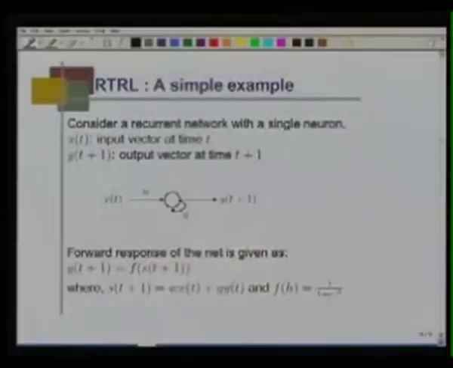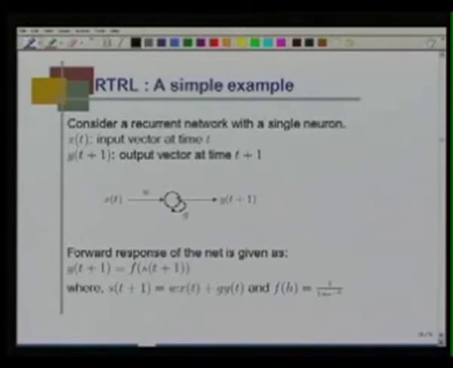Okay. Now we will take a very simple example, as we also took a simple example for back propagation through time. We have a single neuron, with input xt, output yt plus 1, two weights w and g, and a unit delay.